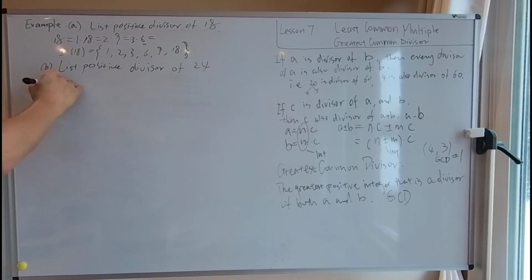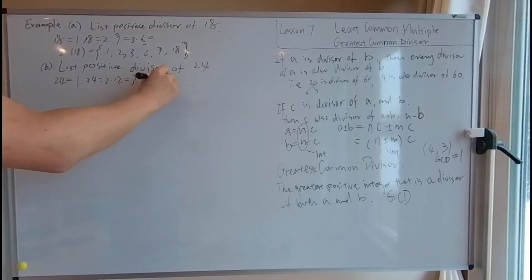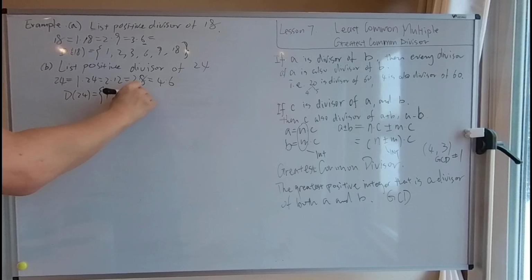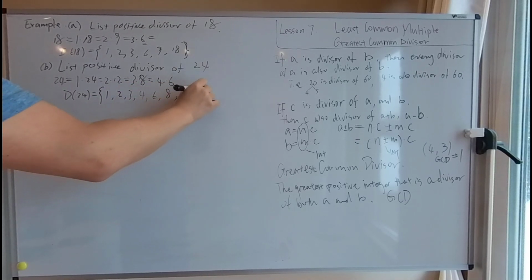Okay, so 24 is once again 1 times 24, or 2 by 12, 3 by 8, 4 by 6, 5, no, 6 we already have. So we have 1, 2, 3, 4, 6, 8, 12, 24.